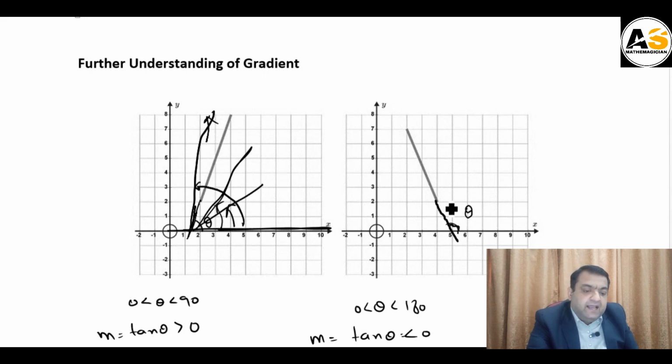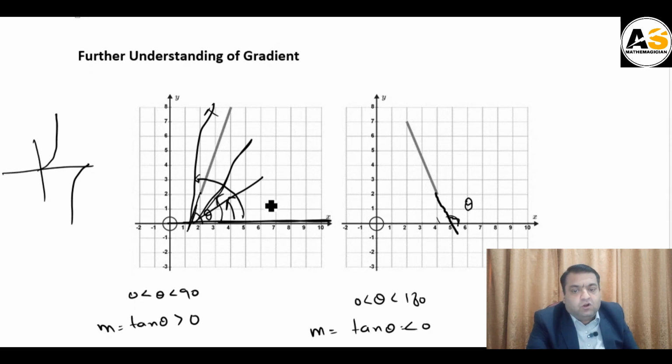But if the angle is greater than 90, its gradient is negative. We will learn in trigonometry as well, tangent is a strictly increasing function. It always increases. It means the gradient also always increases.